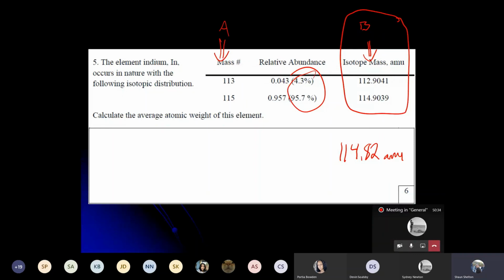So you might want to check your numbers just to make sure you didn't do something simple. Okay, I see where I messed up. Good, good. All right. So that's all I have.